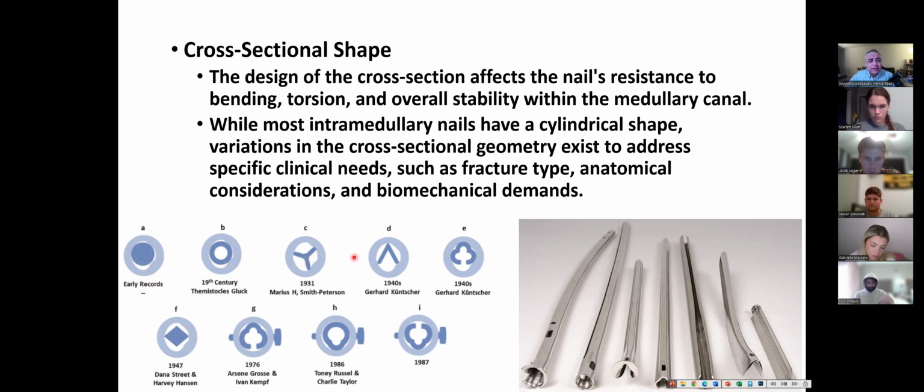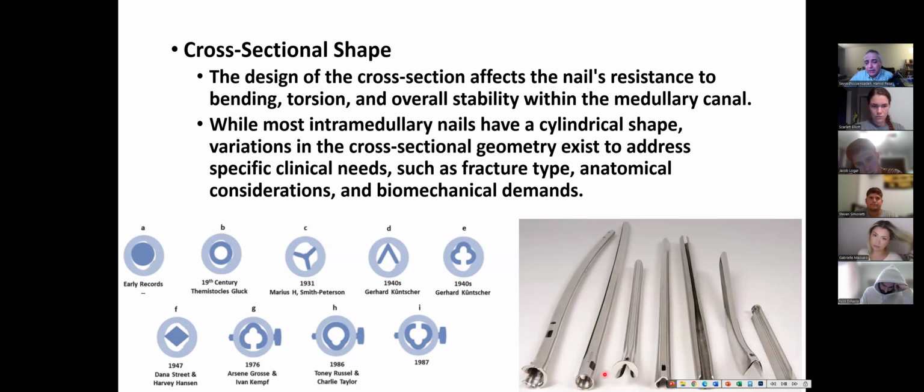And you see during the several years, different nail shapes have been introduced. Each one of them had a specific use, or they had some advantages and disadvantages, and after a while they were abandoned. And here you see different nails.